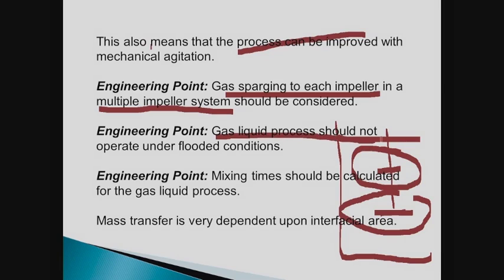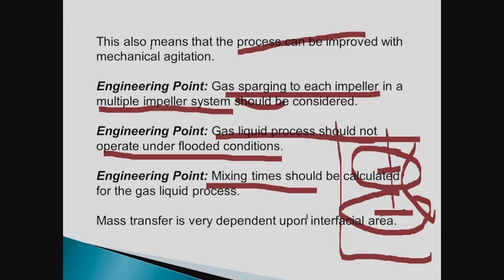Gas-liquid processes should not be operated under flooded conditions. Multiple impellers, again, right here. Mixing time should be calculated for both the gas phase and liquid phase. And of course, mass transfer is very much dependent upon interfacial area. You can think of interfacial area as a sponge.